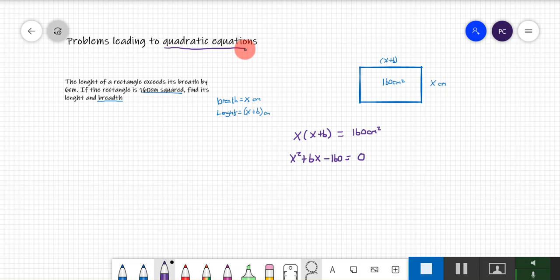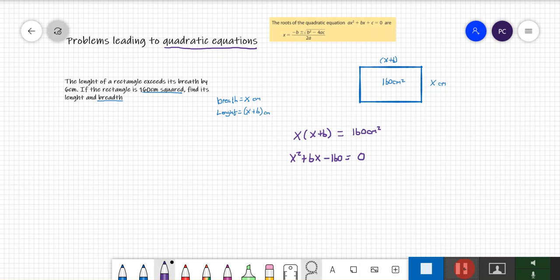What we can start to do then is work out and solve for x. We can factorize this and work out what x is, or we can use the quadratic formula that we learned about in the last lesson.